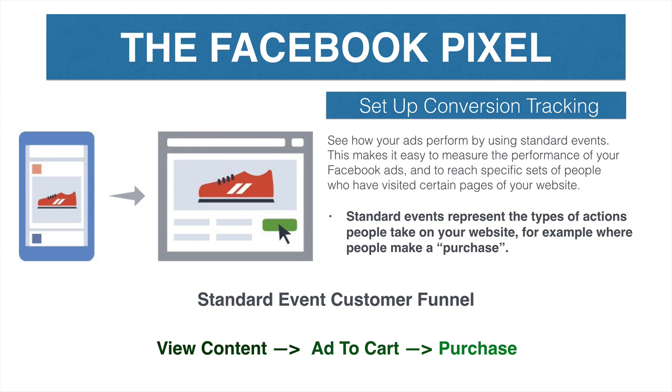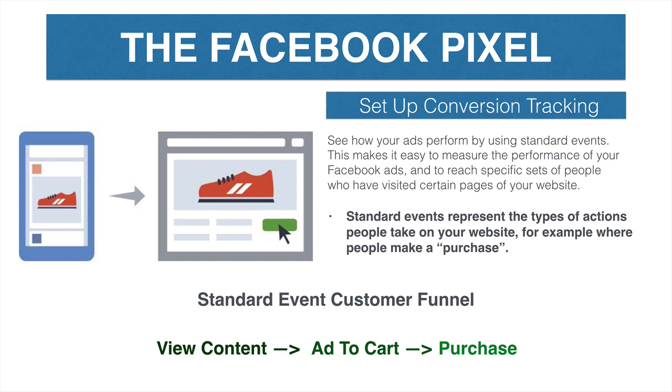View content leads are valuable because you know that they showed interest in your ad and in the product. People that add the product to the cart are more valuable than people that just browsed around. And then obviously people that purchase are extremely valuable because they're buyers, right? They're real customers.